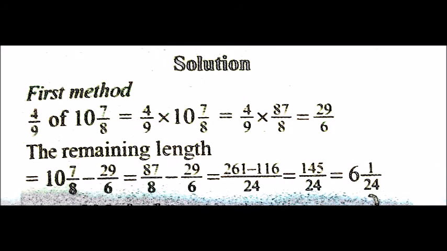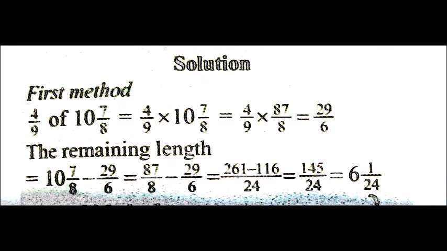So the remaining length, because the first length has been given, you subtract the 29 over 6 from the 10 whole number 7 over 8, which is equal to 87 over 8 minus 29 over 6.